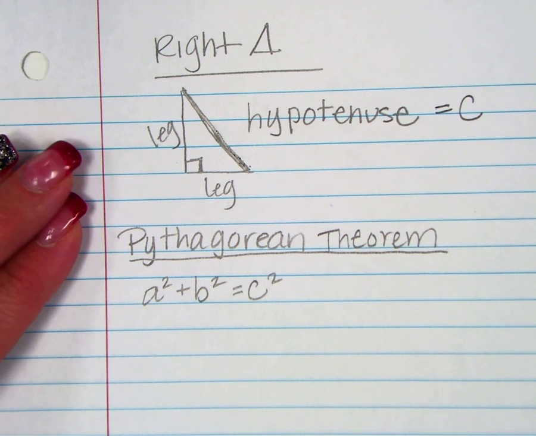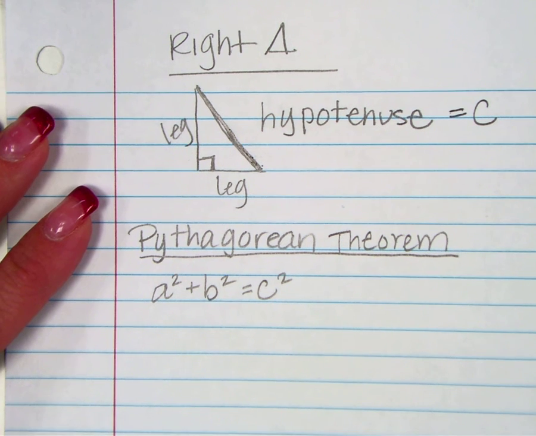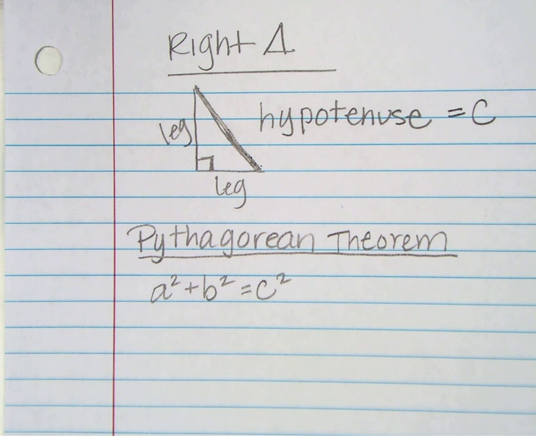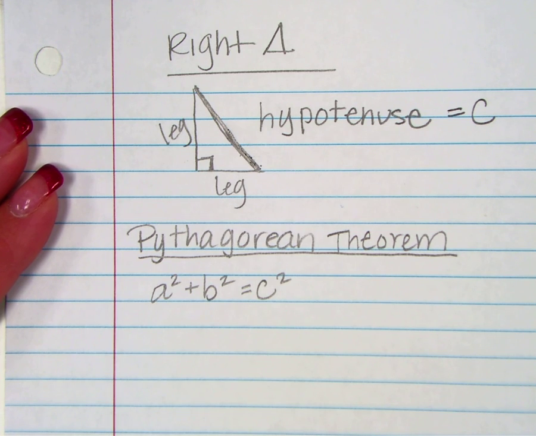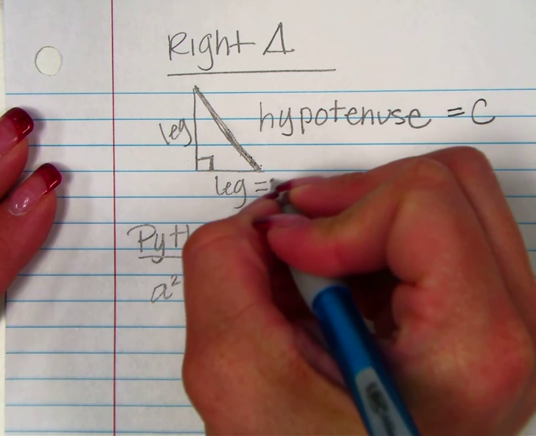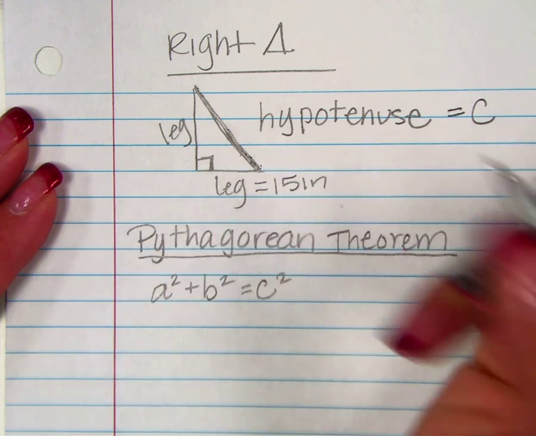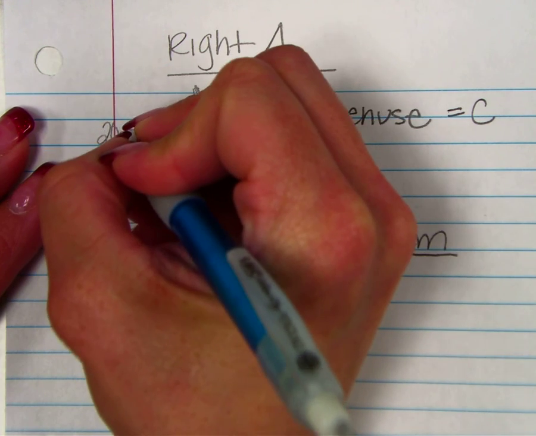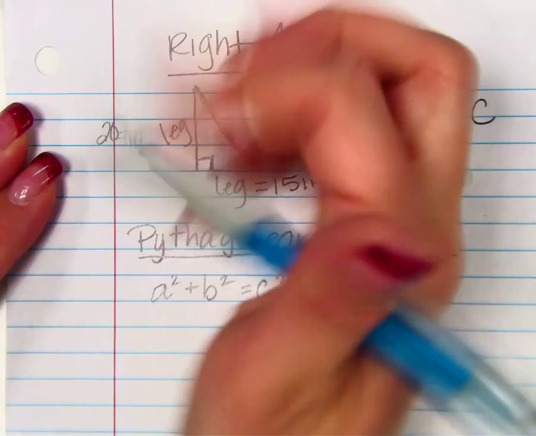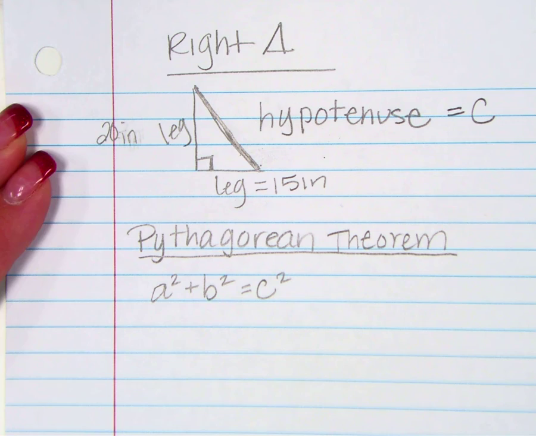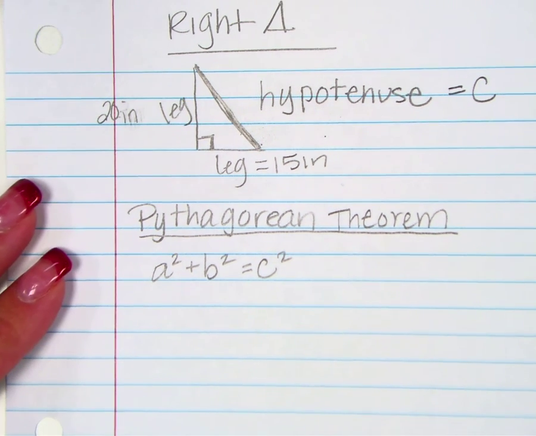And if we know this, then we can use our rules of algebra to solve any side length of any triangle. So for instance, if we want to solve for the hypotenuse of this triangle, and one leg is 15 inches, and the other leg is 20 inches, we can plug it into our formula.